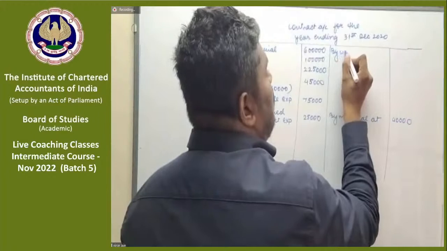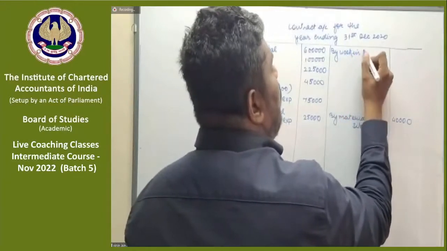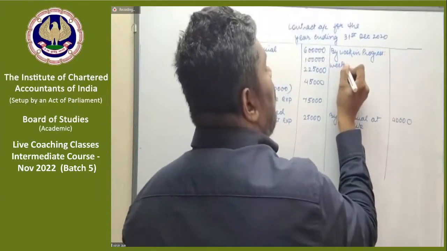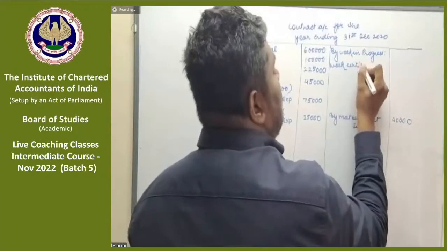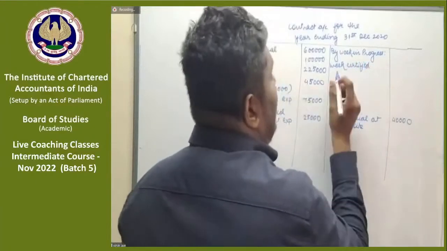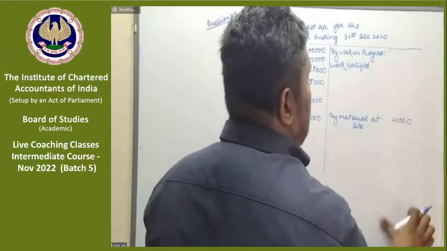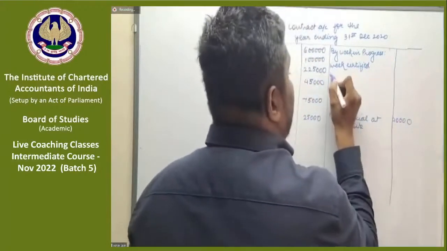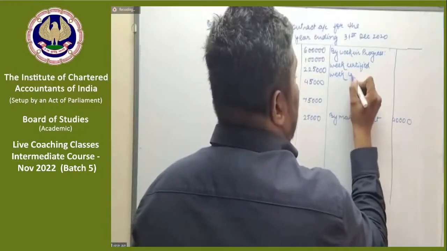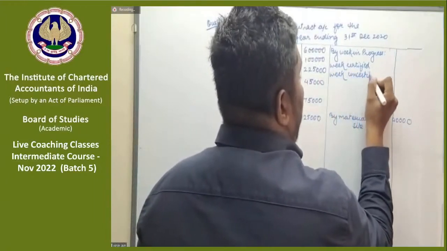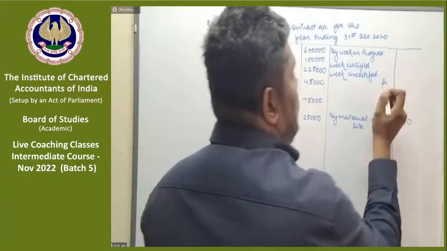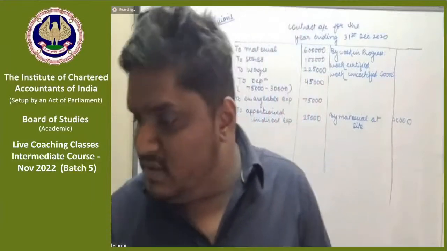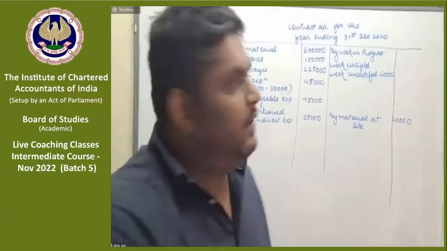By work in progress, work certified, and work uncertified. Work uncertified is 60,000 and work certified is given, that is 13 lakh.